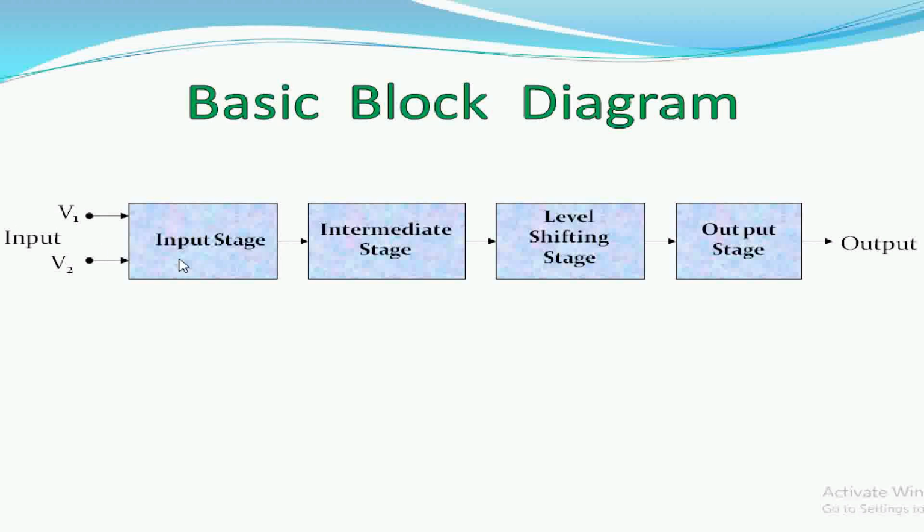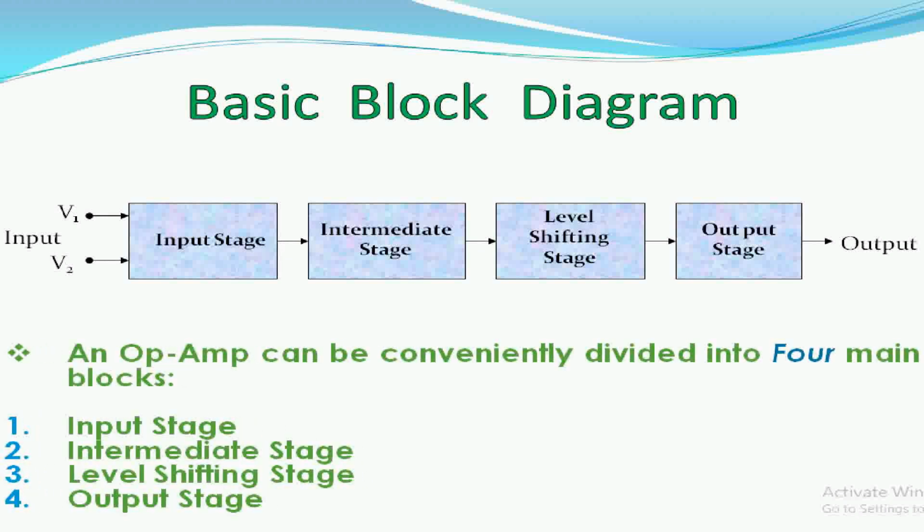The input stage is a differential amplifier which takes 2 inputs and gives an output. The output of the input stage is applied to the intermediate stage, and the output of the intermediate stage is applied to the level shifting stage, which shifts your DC level to 0. An op-amp can be conveniently divided into four main blocks: input stage, intermediate stage, level shifting stage, output stage.